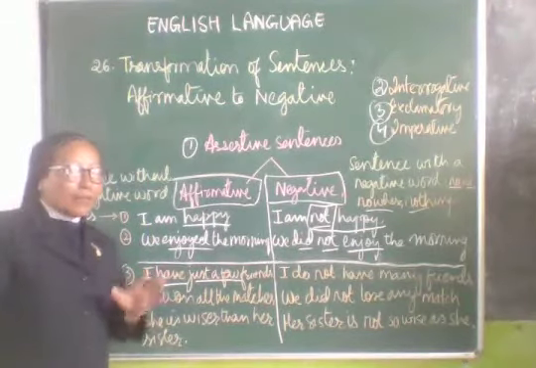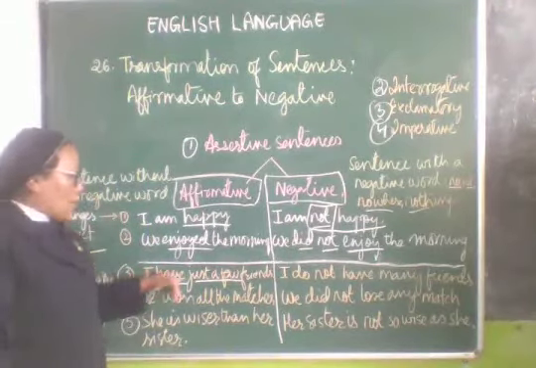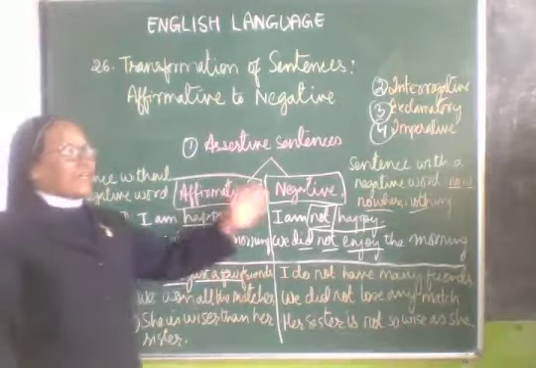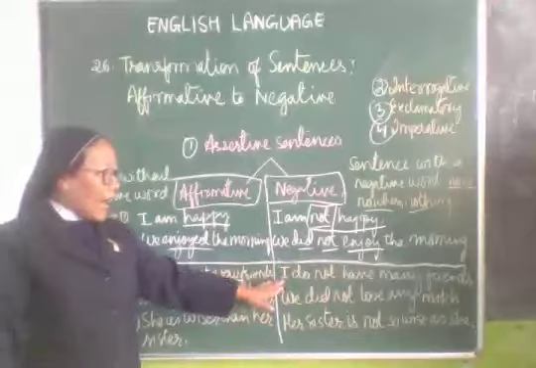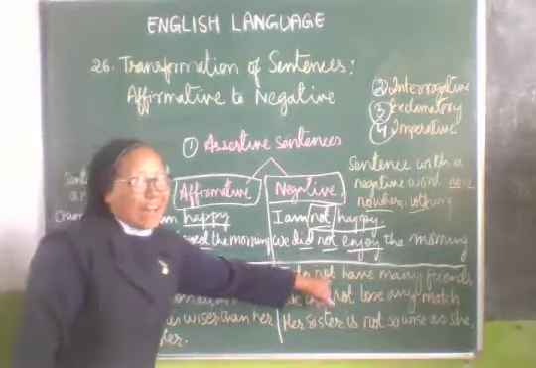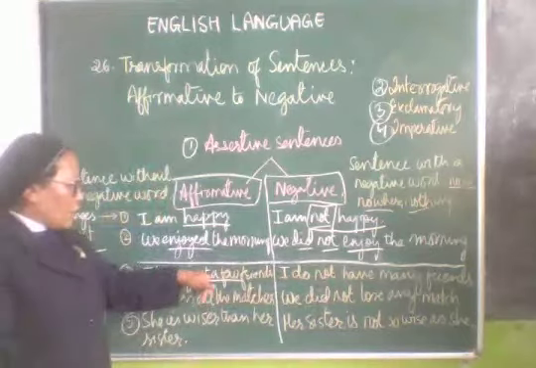I have just a few friends. So when I make it negative, I have here do not have, and then many friends.